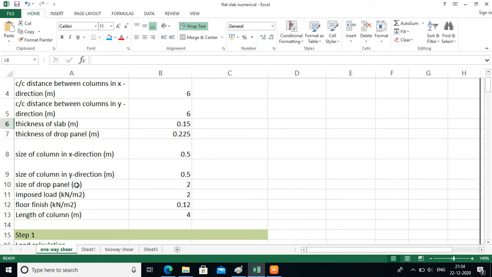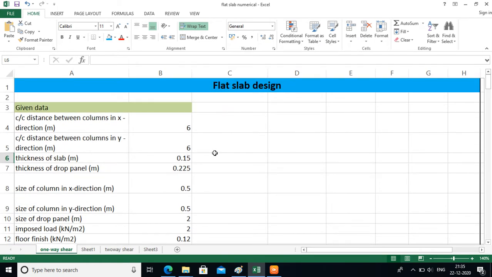So here the drop panel is nothing but the column strip width, which we have taken as 2 meter. Imposed load we considered as 2 kN per meter square for this design. Floor finish we assumed as 0.12 kN per meter square, and the length of column we assumed as 4 meter.